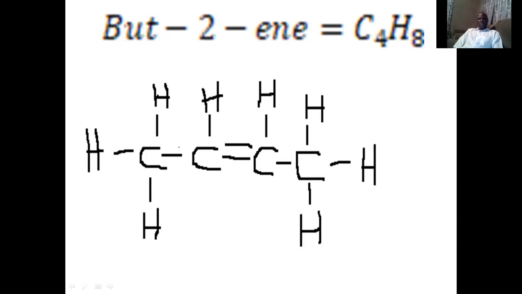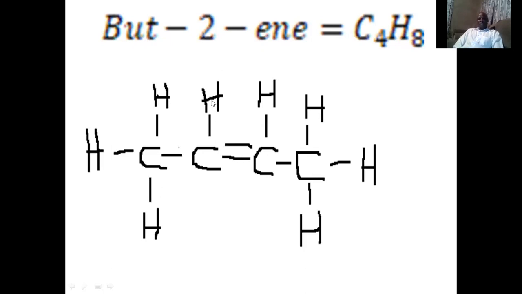So ensure that there are 8 hydrogen atoms. You can count them: 1, 2, 3, 4, 5, 6, 7, 8. So it doesn't matter where this carbon double bond is. Starting from this side, it's on carbon number 2. Starting from this other side, it's on carbon number 2. So it has the same name.